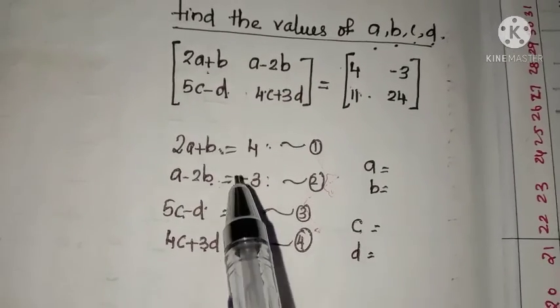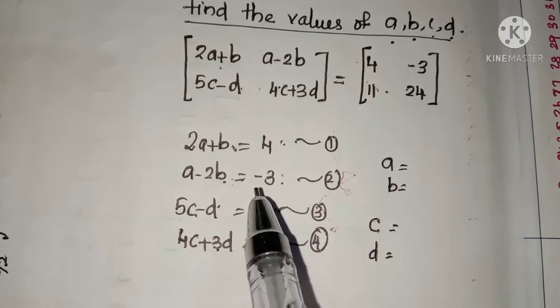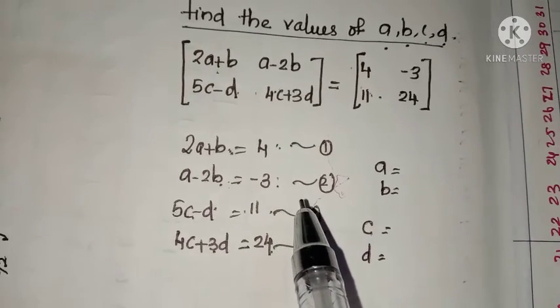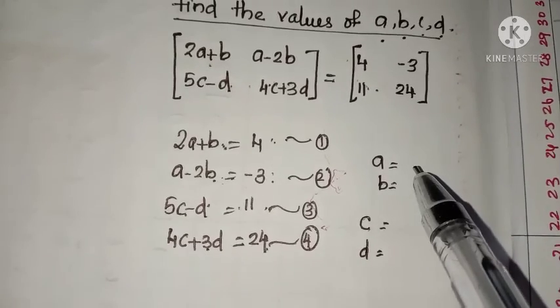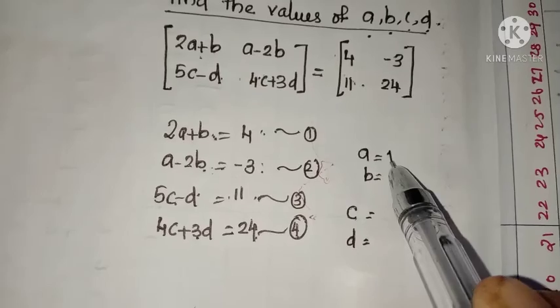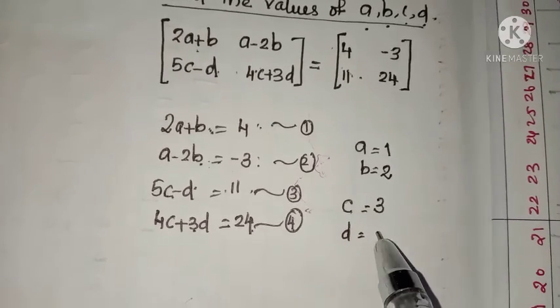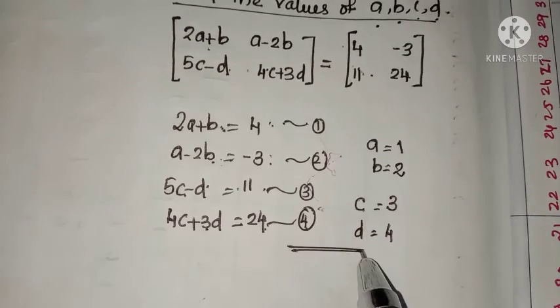So solve the equations by the substitution method or by elimination, whatever it is, no problem. Check whether the answers are correct: A is equal to 1, B is equal to 2, C is equal to 3 and D is equal to 4.